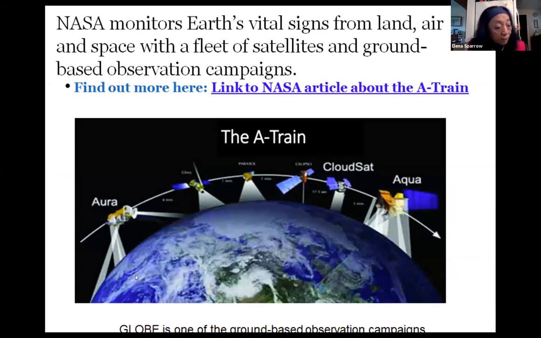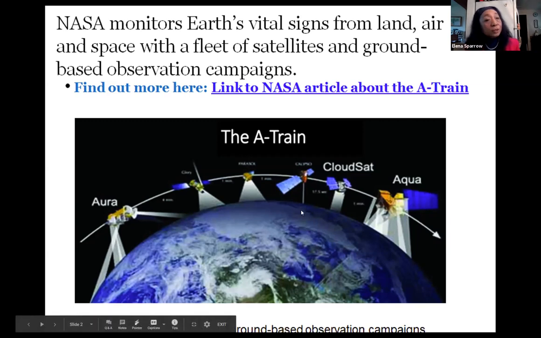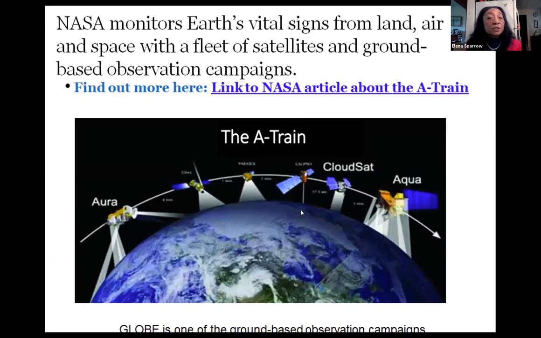They are all behind one another on the same orbit, and they collect complementary information, and some duplicate measurements from a different type of sensor. So we wanted you to know that student investigations and observations are really important, because GLOBE is one of the ground-based observation campaigns.